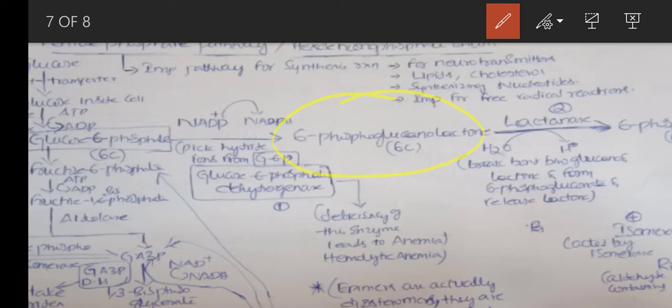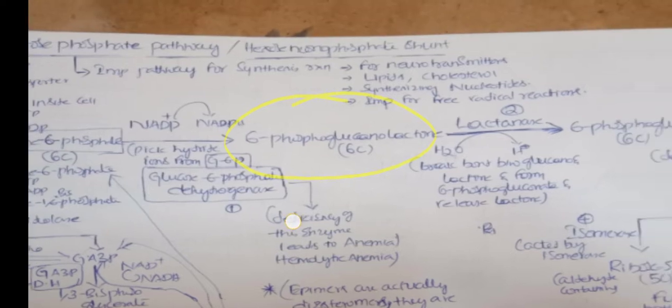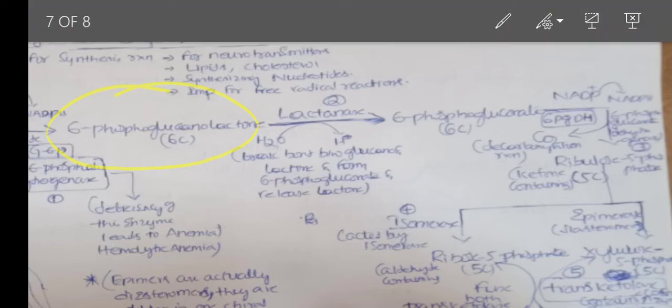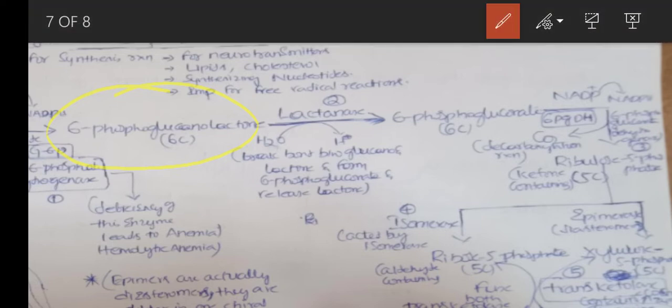In the next step, this 6-phosphogluconolactone will be converted to 6-phosphogluconate. This lactone will be broken down, or released, by the help of the enzyme lactonase.